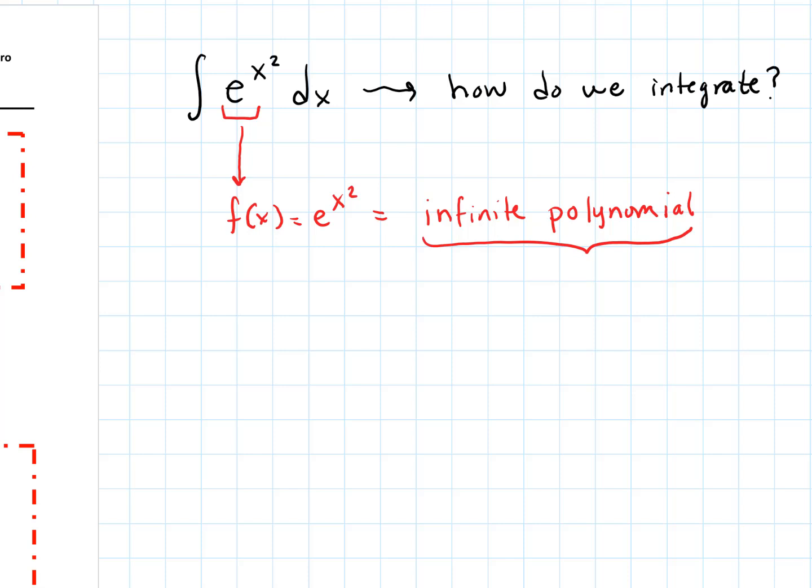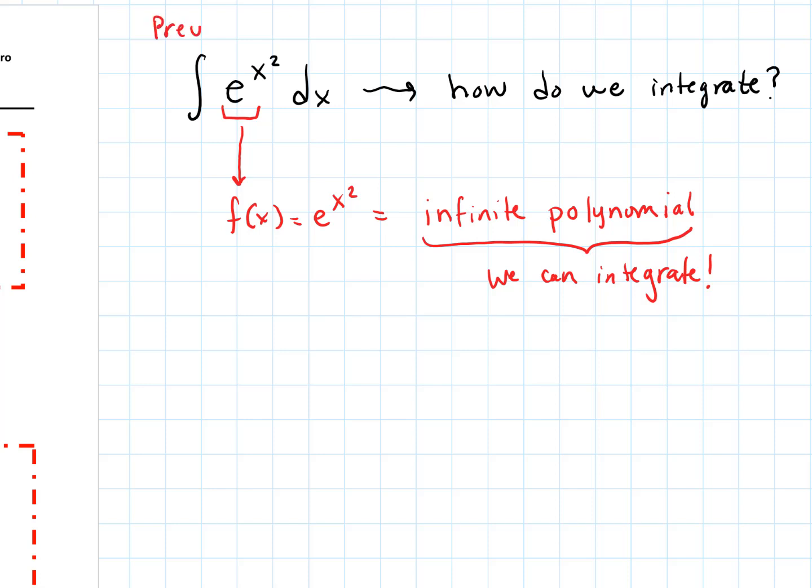That we can actually integrate. So if I could write that function, e to the x squared, as an infinite polynomial, well, we can integrate polynomials, and I'd be able to find this integral.